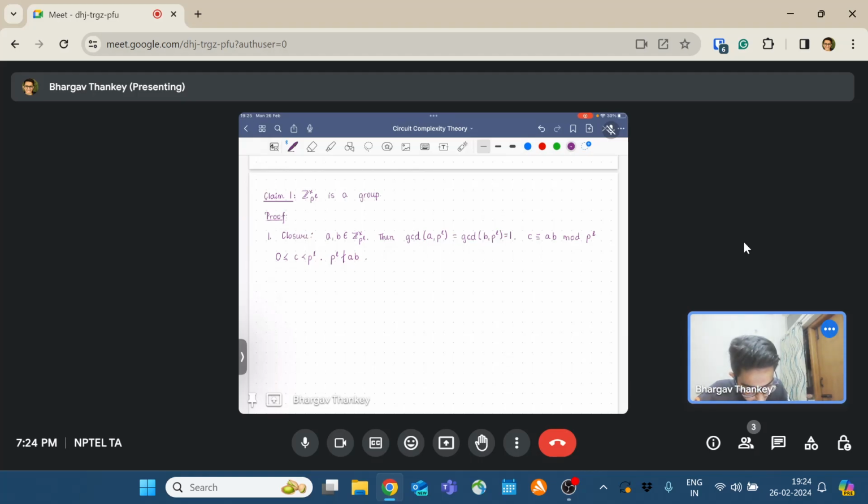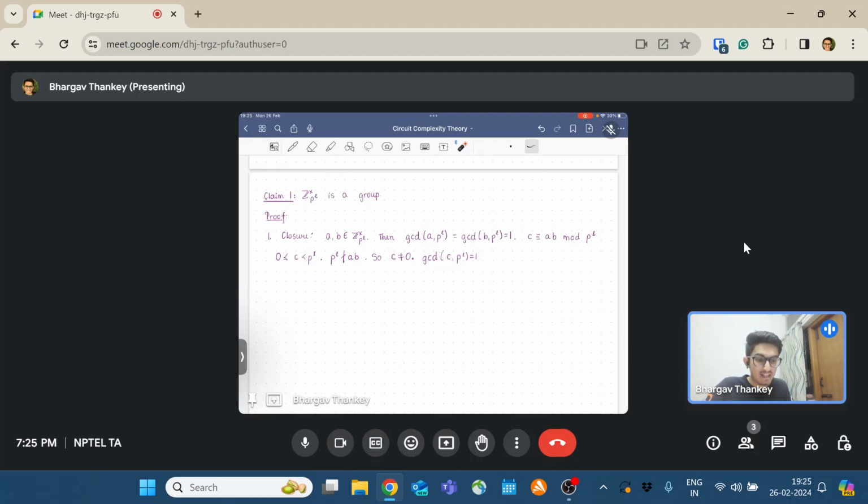So C is not equal to 0. Also, my claim is, why? Again, the same reason. If I factor out AB, it is the factorization of A times the factorization of B. But since GCD of A and P to the L is 1, they do not share a common factor, that is, the factorization of A does not have P, and the factorization of B also does not have P. The factorization of AB cannot have P, right?